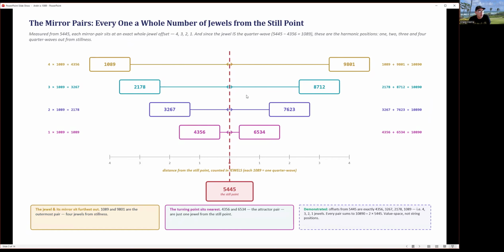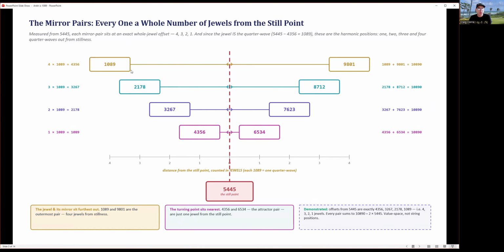If you watch some of my earlier YouTube videos, you'll notice there are four mirror pairs. I talk a lot about what mirror pairs are, and I'm showing you here the four mirror pairs. These are all 1089 multiples, and they're mirrors of one another: 1089, 9801, 2178, 8712.